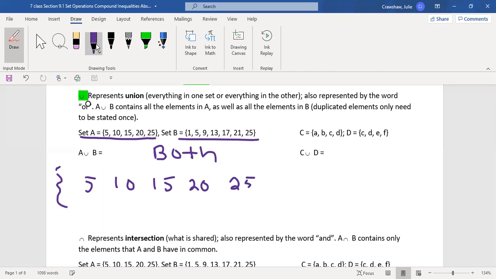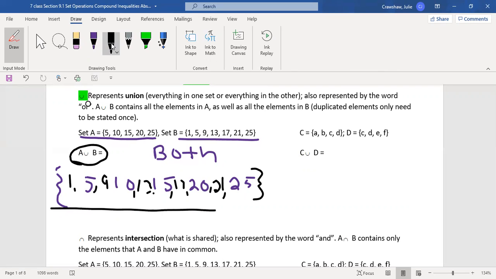But since the union contains both set A and set B, I'm going to have to add the 1, the 9, the 13, the 17, and the 21. So the union of A and B consists of all of those numbers.